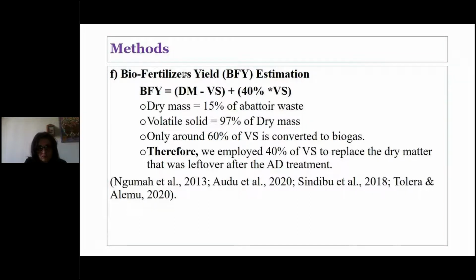In this case, dry mass is 50% of abattoir waste, while volatile solid is 97% of dry mass. Only around 60% of volatile solid is converted to biogas. Therefore, we used 40% of volatile solid to replace the dry matter that was left over after anaerobic digestion treatment.